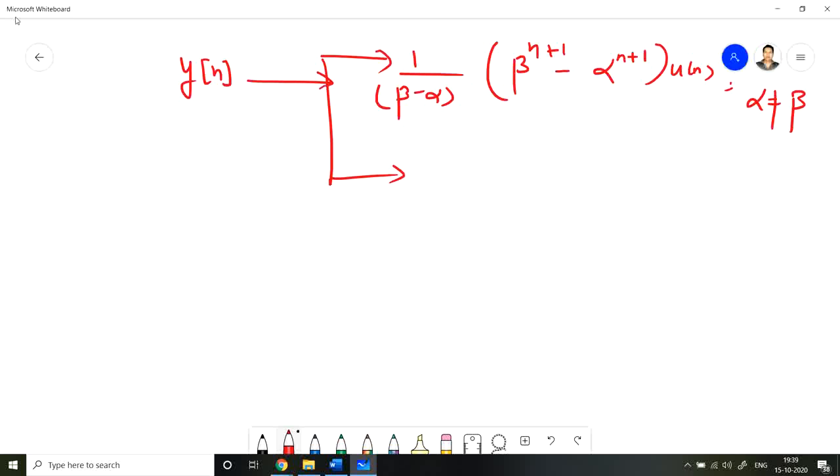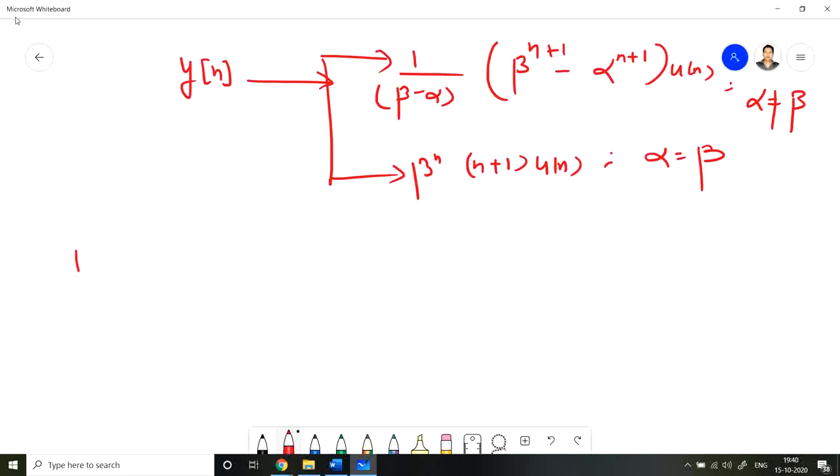Next is beta raised to the power n plus 1 u[n] when alpha is equal to beta. So this is our y[n].